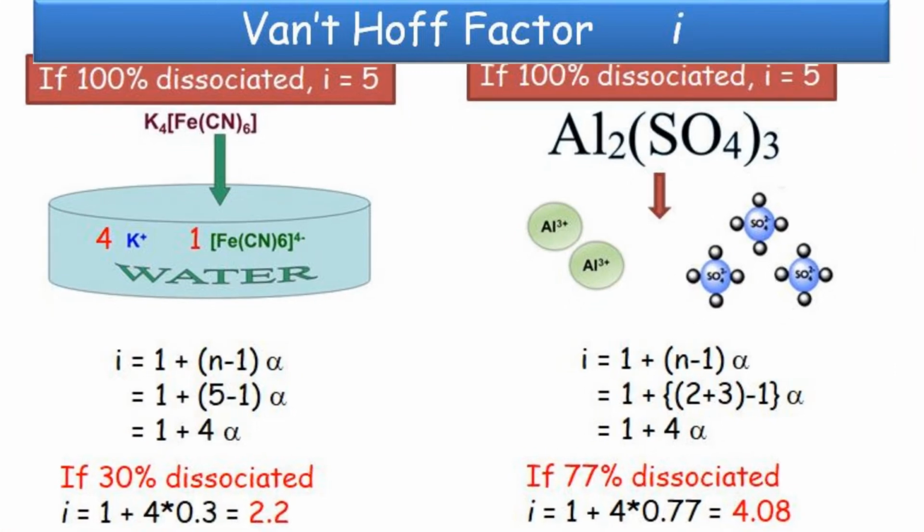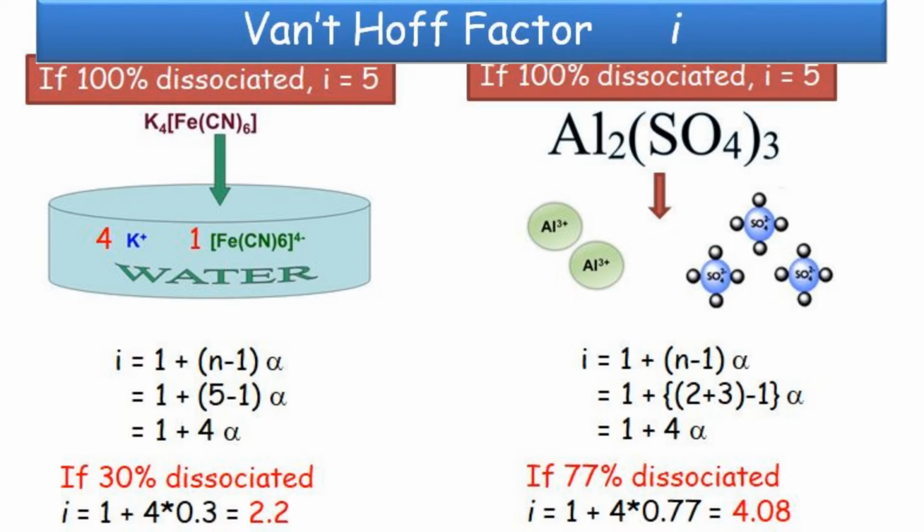For example, K4Fe(CN)6. So I should get 4 plus 1, 5. So the i value is 5 if it is 100% dissociated. If it is less than 100% dissociated, the i value is 1 plus 4 alpha.